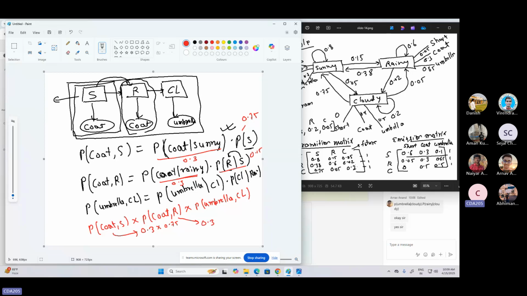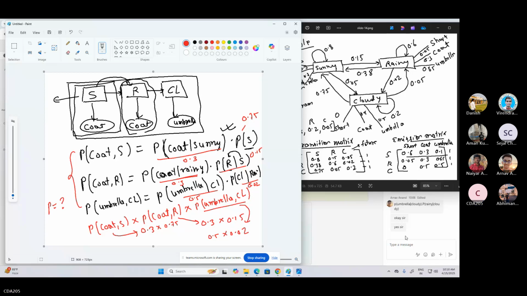So it is 0.3 into 0.15. Same like this one, umbrella given cloudy is 0.5, and rainy to cloudy is 0.02. So this one is 0.5 into 0.02. So what is the total probability? We can calculate the total probability.